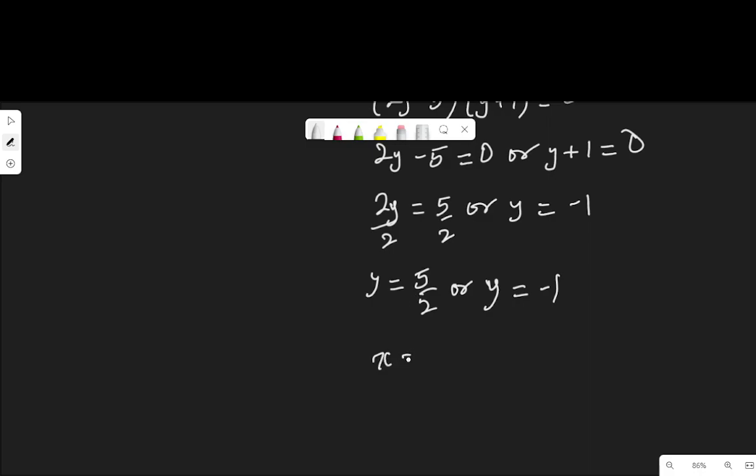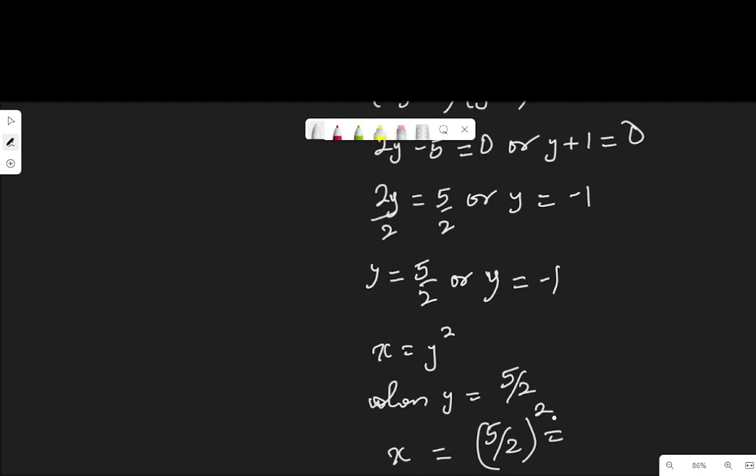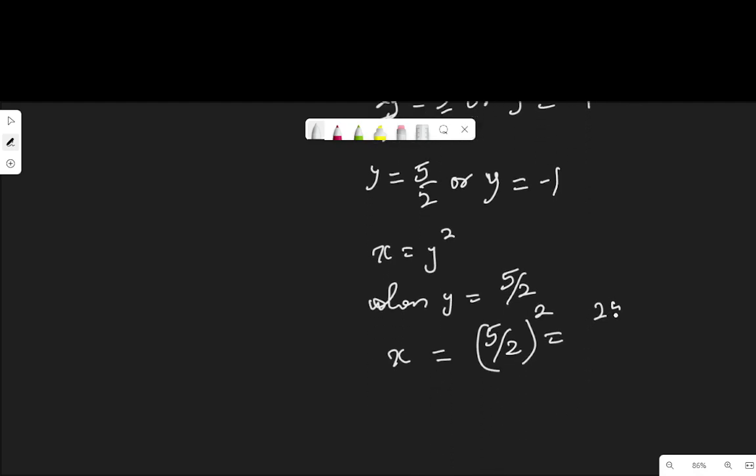So if x is equal to y squared, when y is equal to 5/2, x will be 5/2 squared, which is 25/4. Again, when y is -1, x will be -1 squared, which is +1.